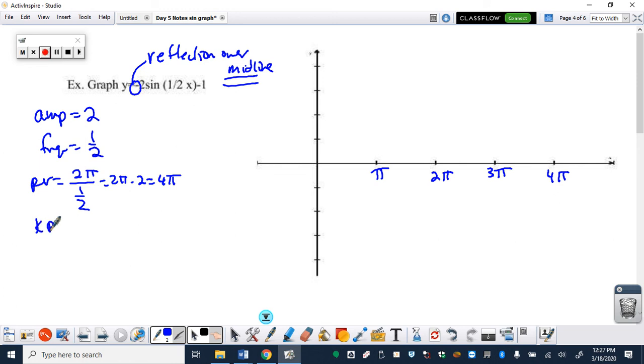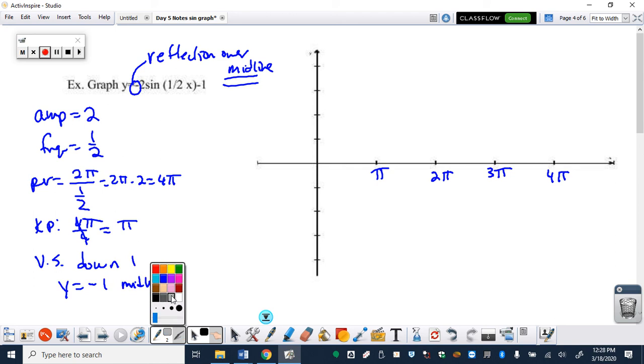If I do my key points, 4 pi divided by 4, notice that every pi something significant is going to happen. So the vertical shift is down 1. Y equals -1 is the new midline.